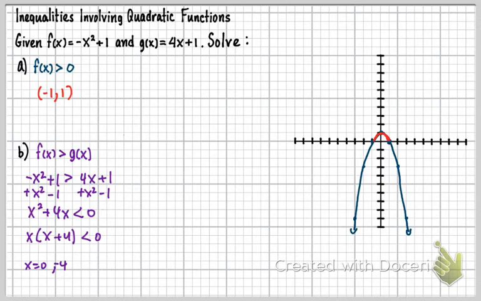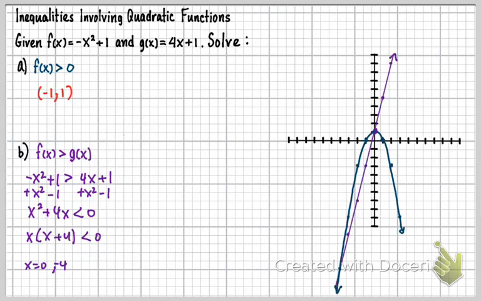Now I have to determine where f of x, which is the quadratic function, is larger than g of x, which is the line. So I'm going to graph them both to the right. This algebra gives me a lot of information to work with. I'm going to have to adjust my graph a little bit because I didn't go down far enough here, so I'll make that adjustment.